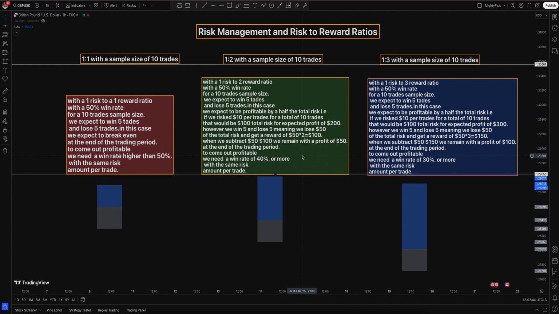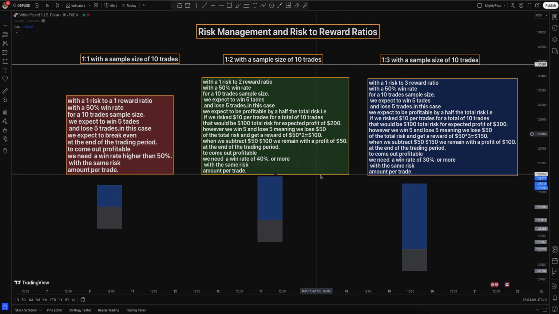Okay, so in this strategy, still with a 1 to 2 risk to reward ratio, you don't need to win 50% of the trades for it to be profitable. You just need a 40% win rate. If you get a 40% win rate, you will still be profitable, meaning you lose 6 trades and you win only 4 trades.